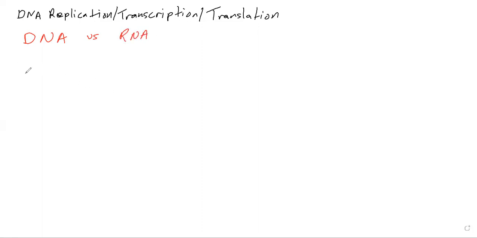Tell me three differences that you remember about DNA versus RNA. First, what is DNA, by the way? What does DNA stand for? Anybody? You can text it or speak aloud.